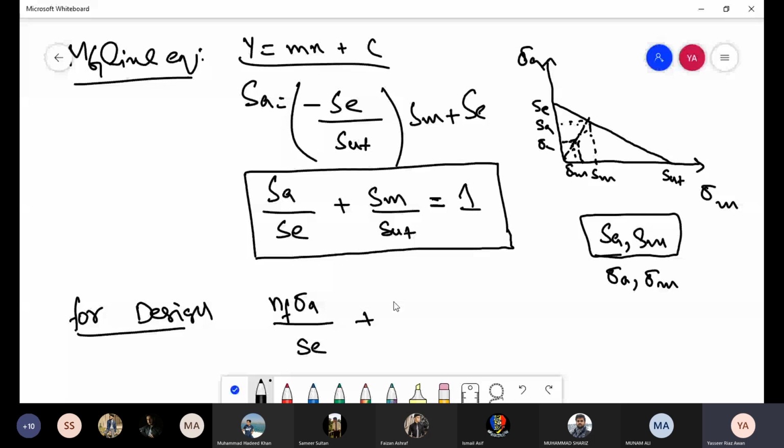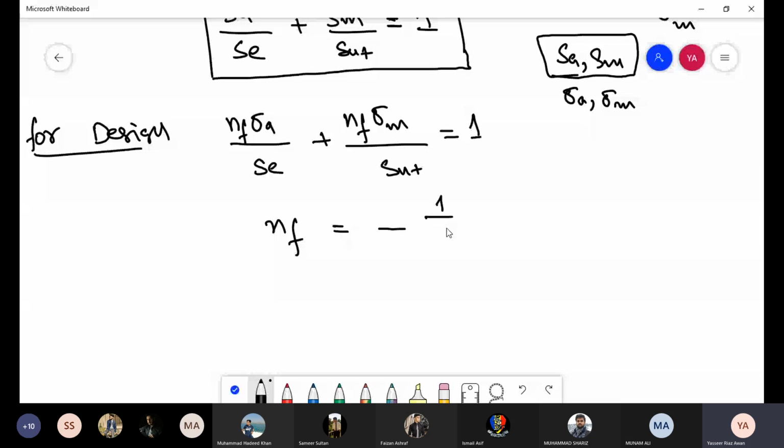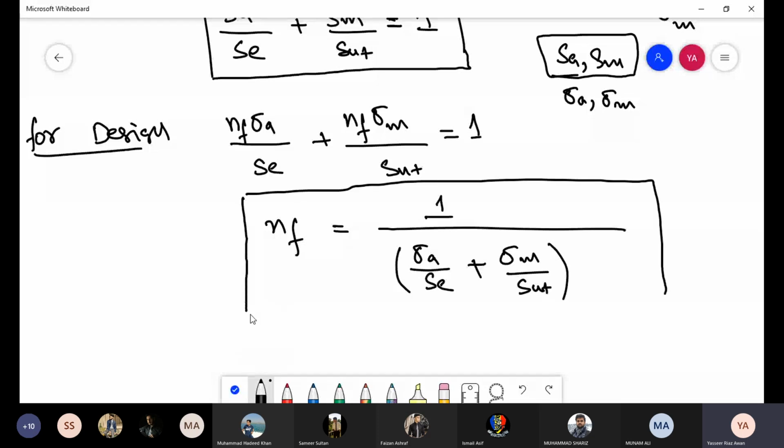Similarly, for SM you have the fatigue safety factor times sigma M. For design, we can take NF common and move it to the other side, so you get this equation. This is our design equation that we use to find the fatigue safety factor.